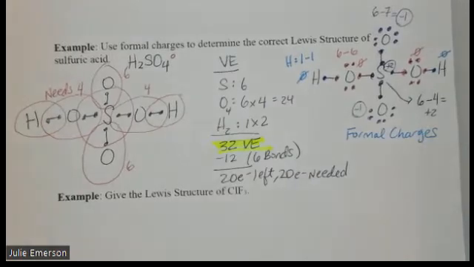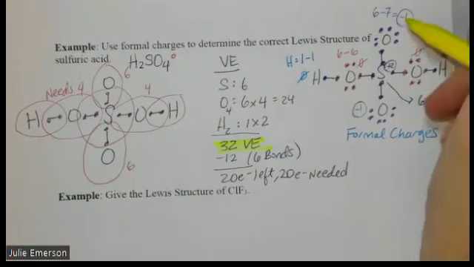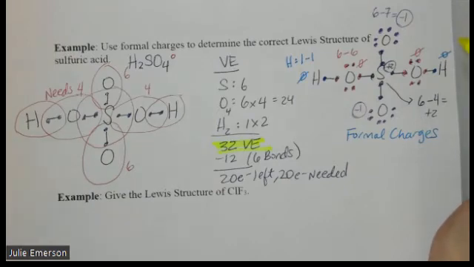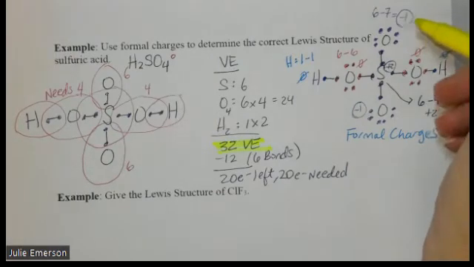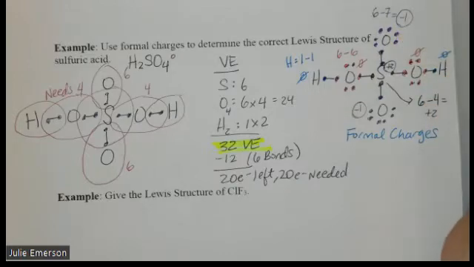So what'll happen is, for the oxygen with the formal charge of -1, that's not great. We're not going to mess with the oxygens that have a formal charge of 0 because they're good. We want our formal charges to be 0. But the oxygen that's a -1, we don't want that. We want everything to be a 0 if we can.